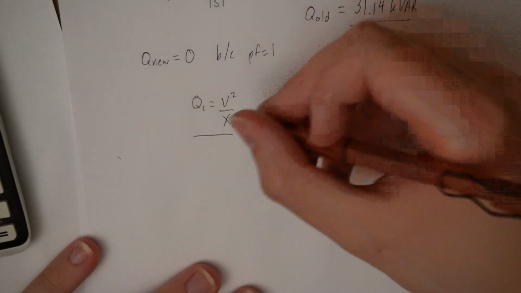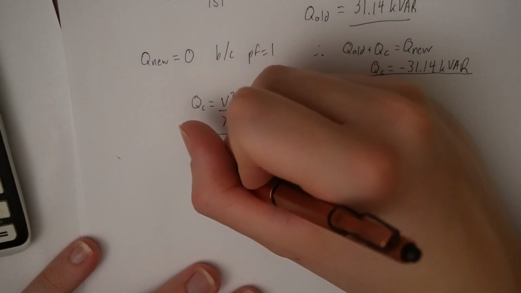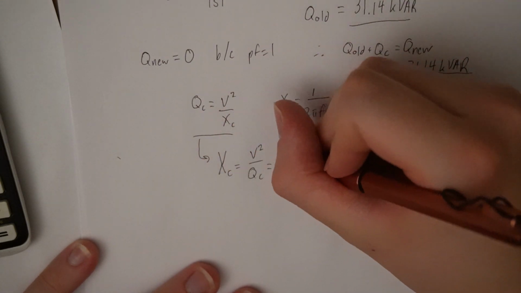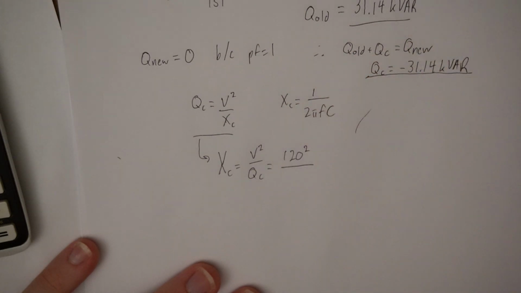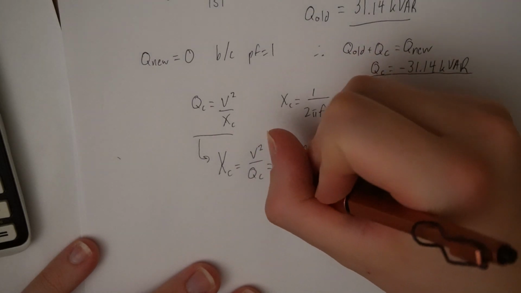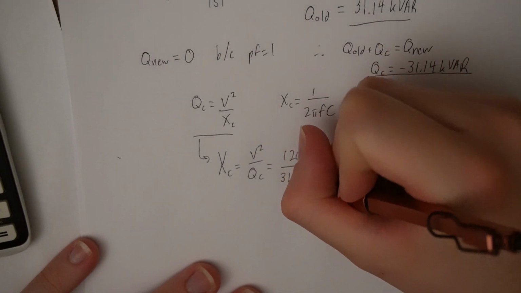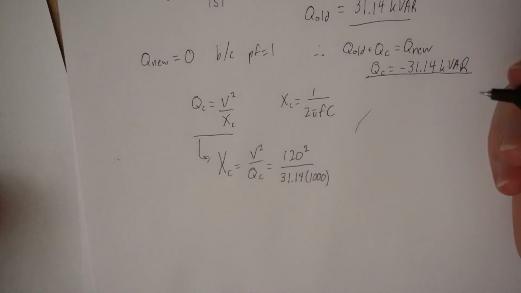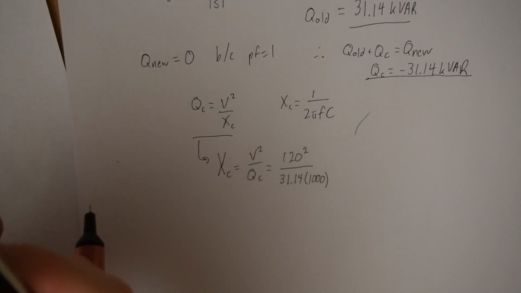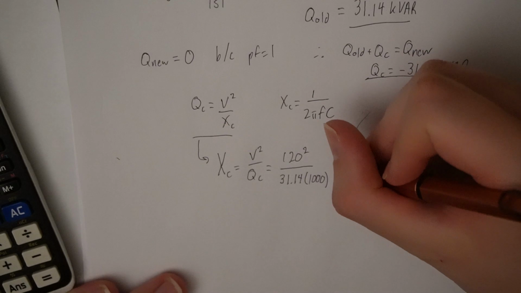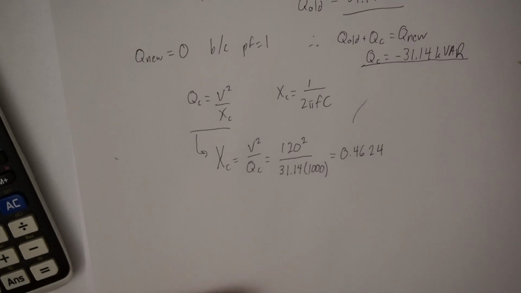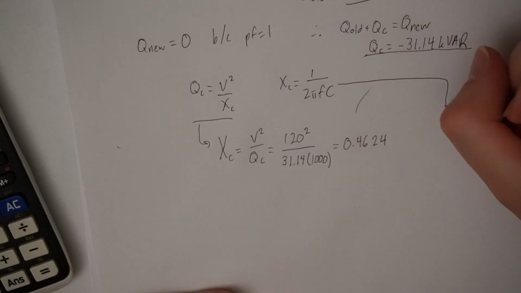Beginning with the first one, I'll rearrange for XC is equal to V squared over QC, 120 volts RMS divided by, I'll make it the magnitude, I'll drop the negative sign here, 31.14 times 1000. Remember the 1000. So I have 120 squared divided by 31.14 times 1000. I get 0.4624.